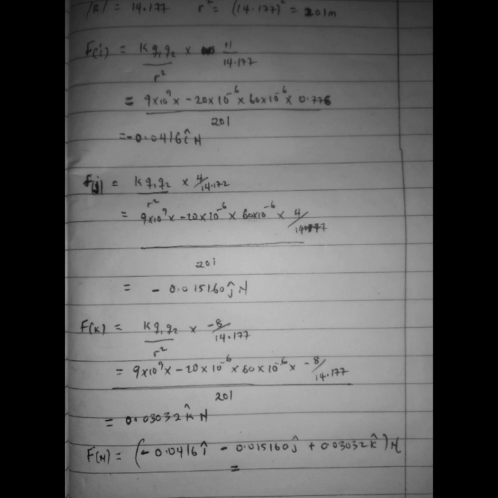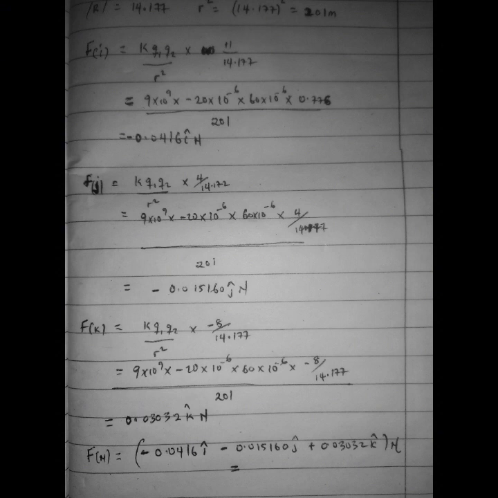So let's move on. The same thing is applicable for the solution in j hat. So we have k Q1 Q2 all over R squared. Then for the direction of j, that is 4, over 14.177, which is our R modulus.